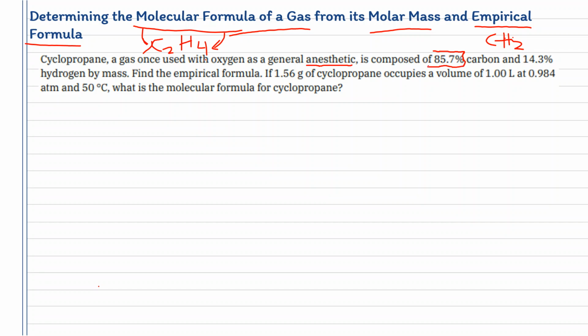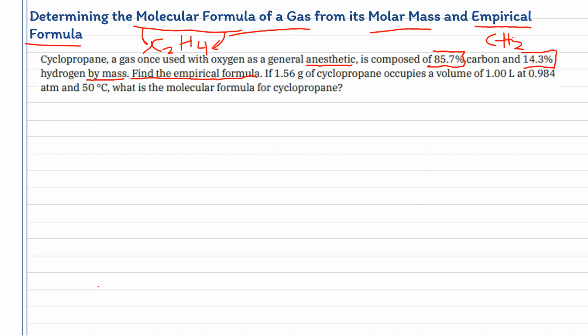This number is important. Keep that in your mind. And 14.3% hydrogen by mass. And this is very key. It's telling us by mass. We're going to use all the information we're reading. Find the empirical formula. So they want us to find the empirical formula.